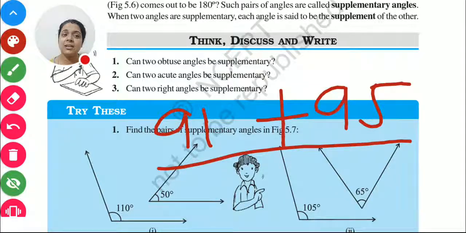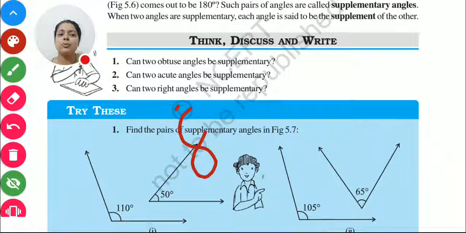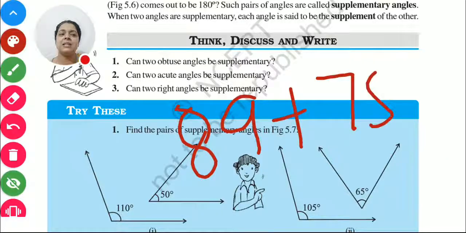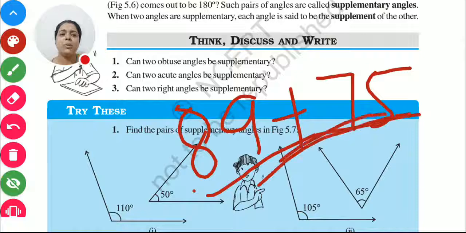Can two acute angles form a supplementary angle? Never possible. Why two acute? Because the angles are supposed to be less than 90 degree. Whichever acute angles you take and add, they can never make a supplementary angle.